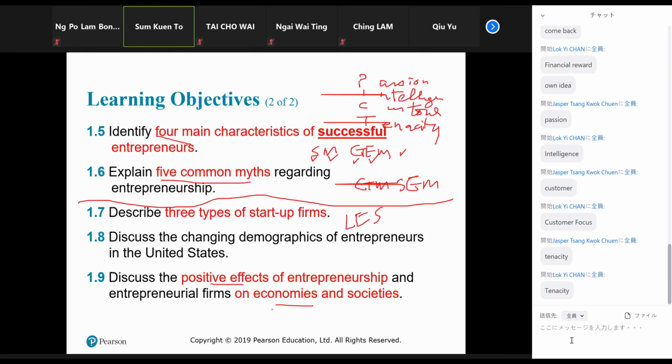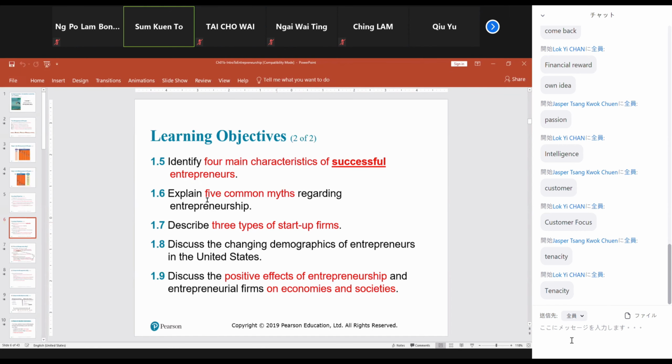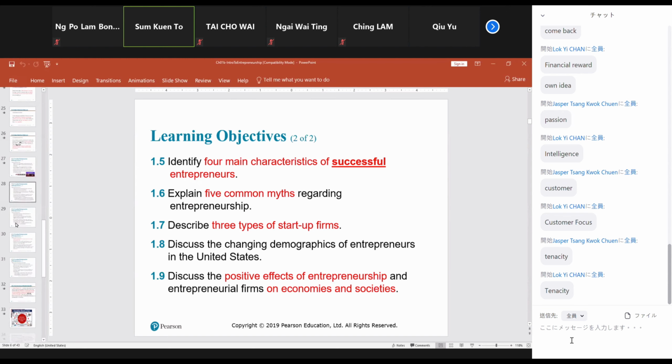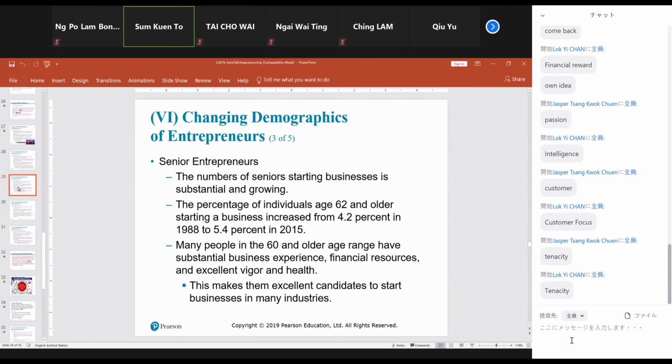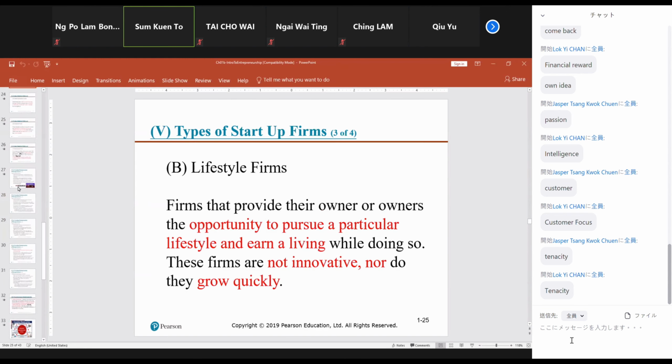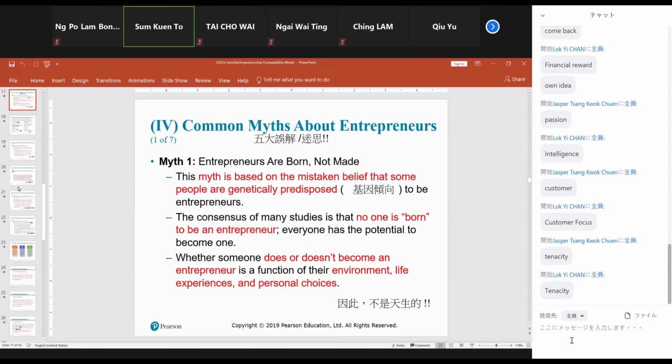Okay, so let's move on to our lecture. So you have something in mind now, we learn about FBI, we learn about PICT, and we learn about GM Sam. Okay, so let me do it here. So the 5 myths, 5大迷思. One is M. Are they made or are they born?